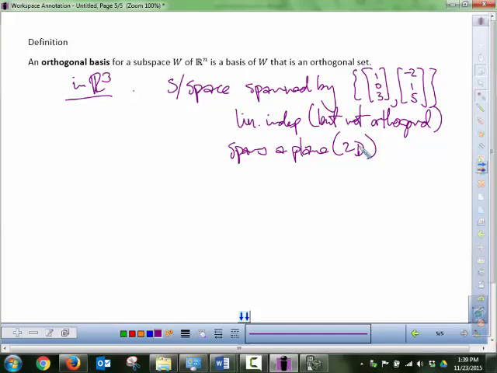Okay, I'm going to try to use a computer to do this, but let me see if I can just do this using a picture. So (1, 0, 3) would probably be something like this. And (-2, 1, 5) would be over here.